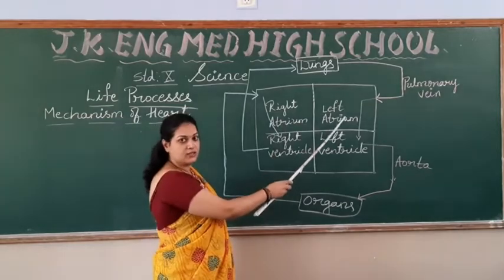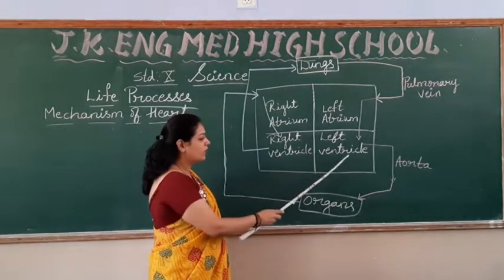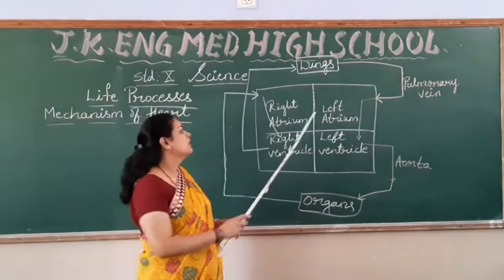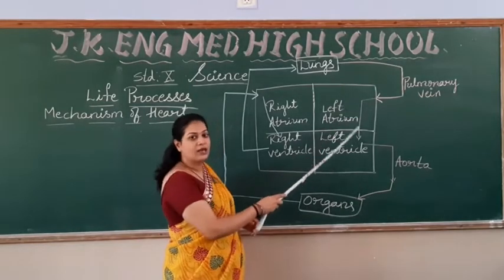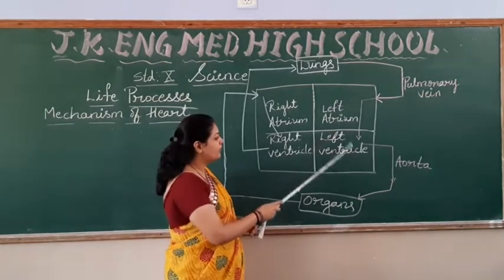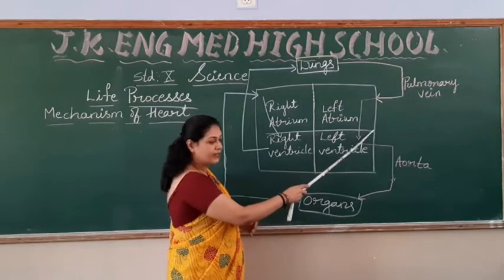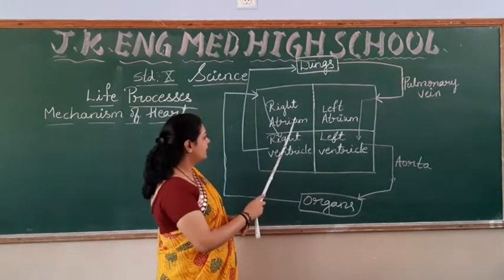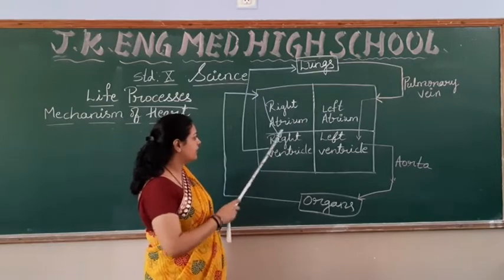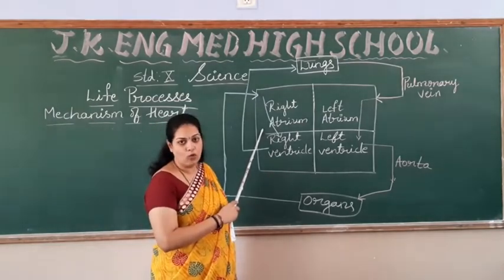The upper 2 are the auricles or atria, and the lower 2 are the ventricles. The left atrium and left ventricle are separated by the bicuspid valve. The right atrium and right ventricle are separated by the tricuspid valve.